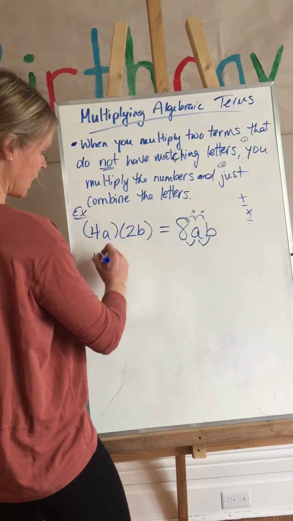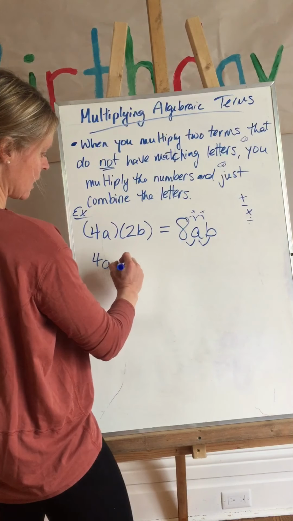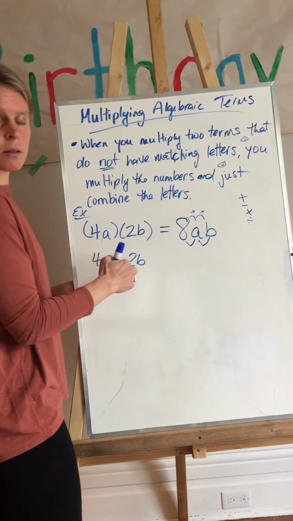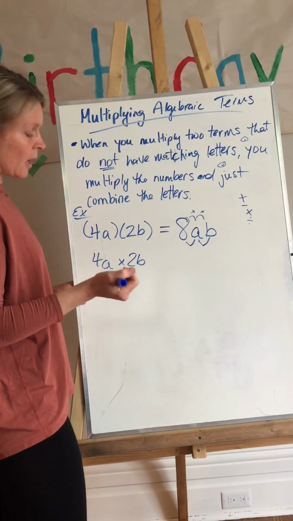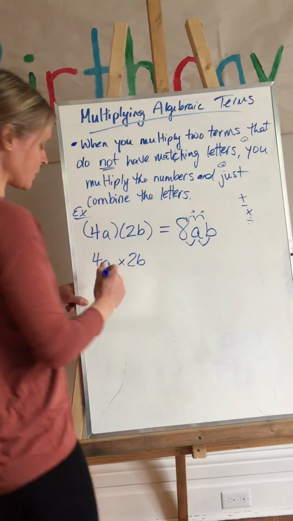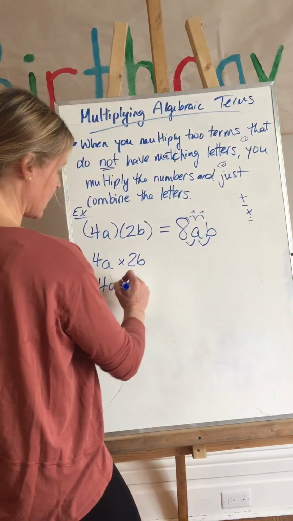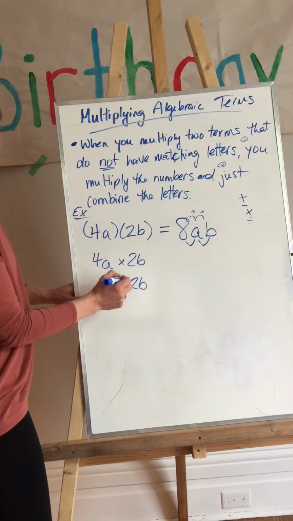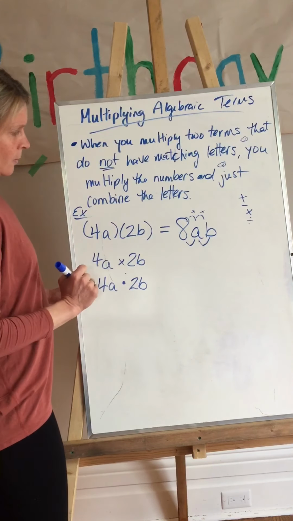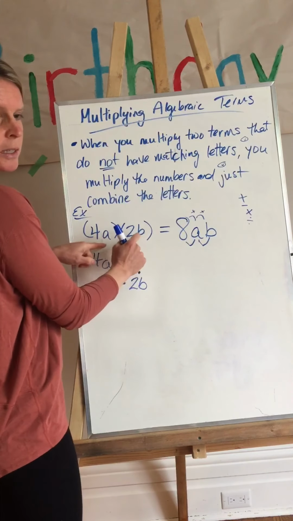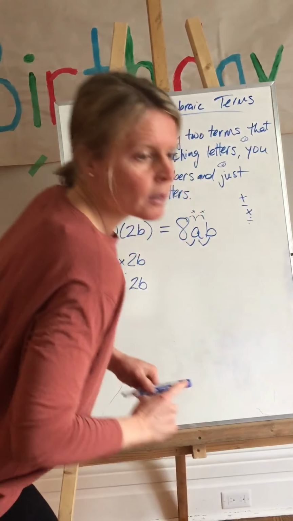You won't have very many cases where it's 4a times 2b, but basically this means the same thing. And on the worksheet that I'm going to send you today, the other way that multiplying can be written is 4a, dot, 2b. But that's telling you to multiply. So that's the first rule when you have different letters for your variables.